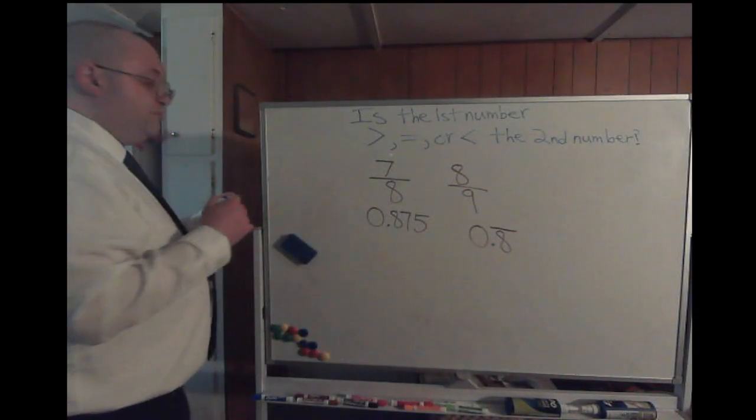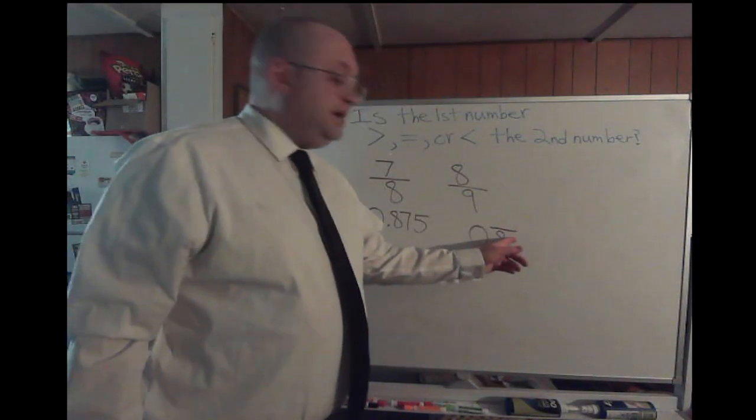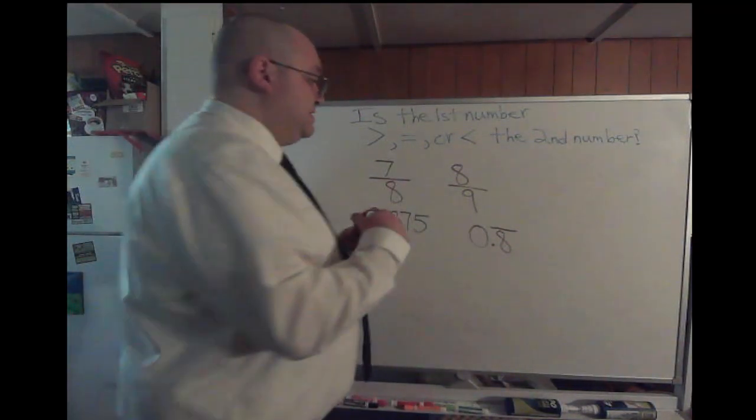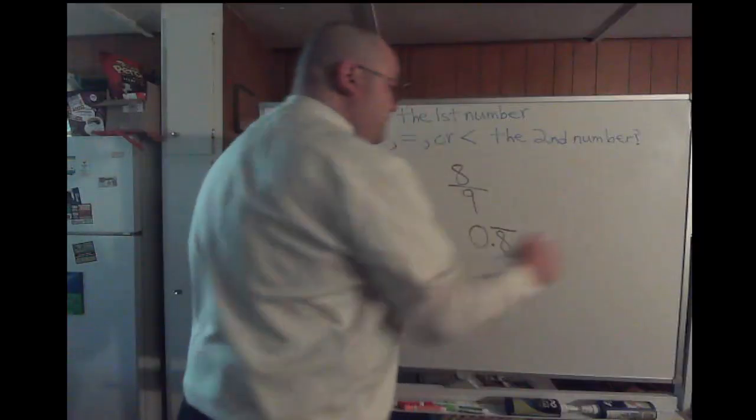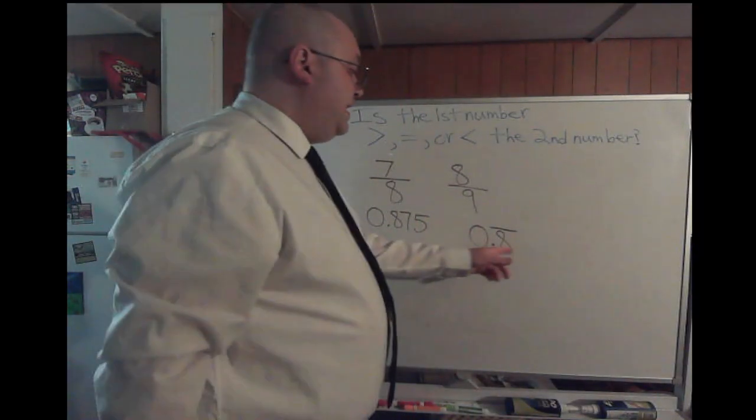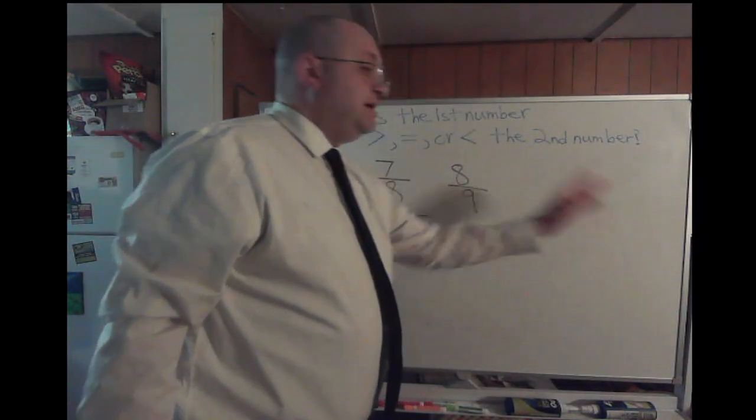If we recall from basic math, whenever you have a repeating bar above a number, that's the same as the 8 just keeps going infinitely, forever and ever. So it'd be 0.8888888 forever.